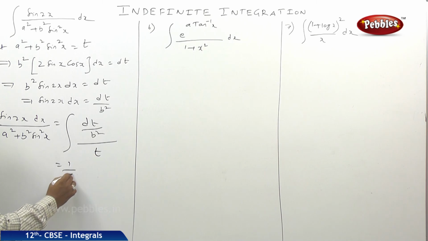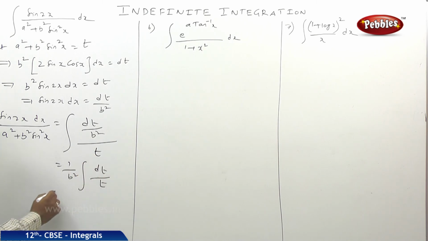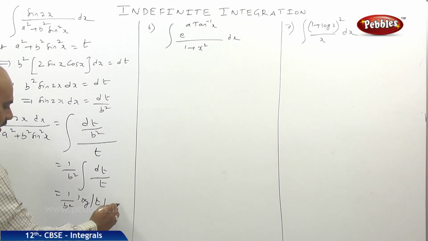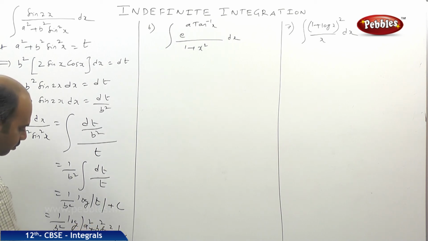So 1 by b square comes outside, and there remains dt by t. So 1 by b square times the integral of dt by t means log mod t plus c. Finally, 1 by b square log mod t, and in place of t I can write a square plus b square sin square x, plus c.